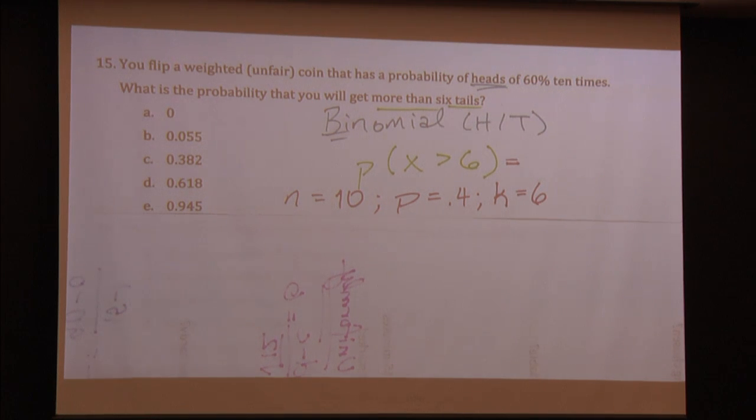So if it doesn't give us x is greater than k, what does the table give us? So I heard less. Does it include k or not include k? Are we dealing with a less than or equal to, or just a less than?